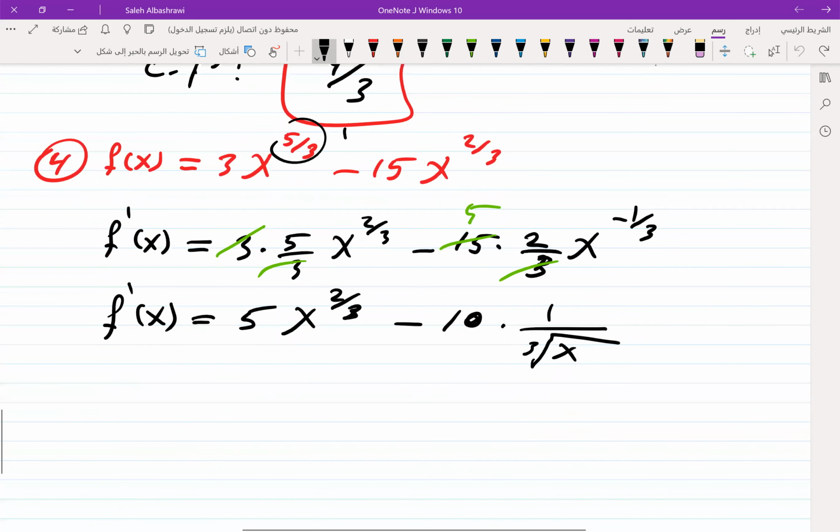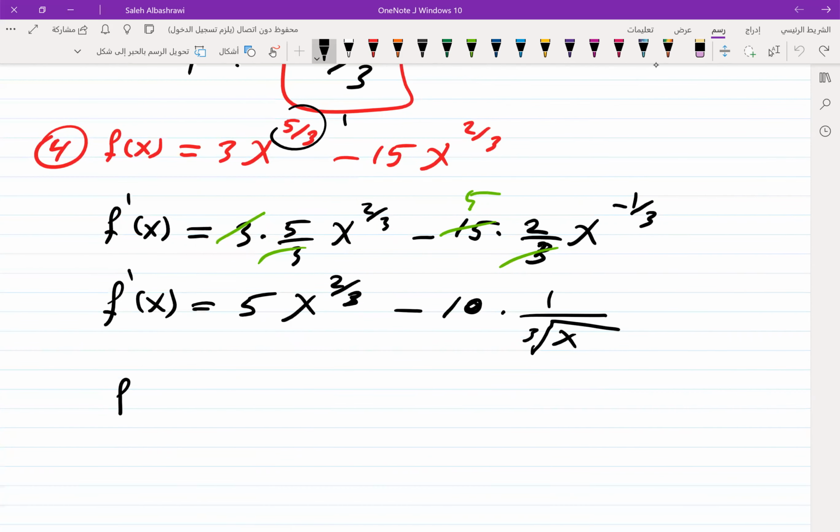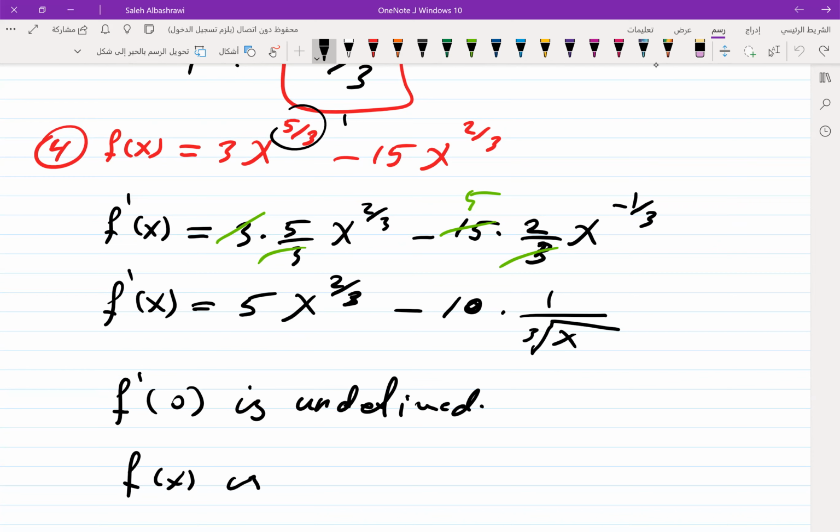It's very clear that f prime of 0 is undefined. So we can say the function f of x is not differentiable at x equal to 0.